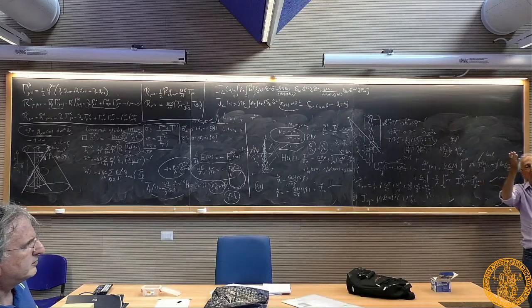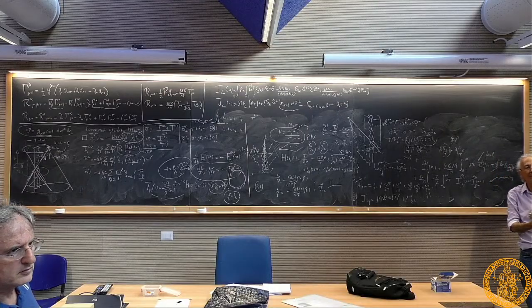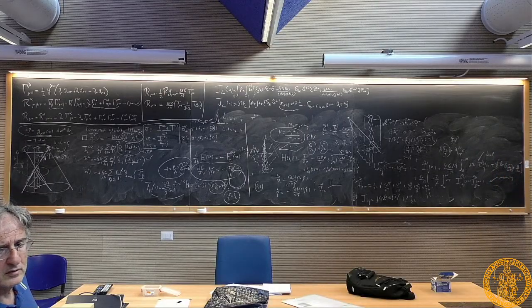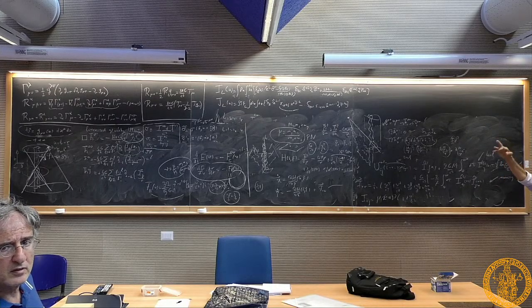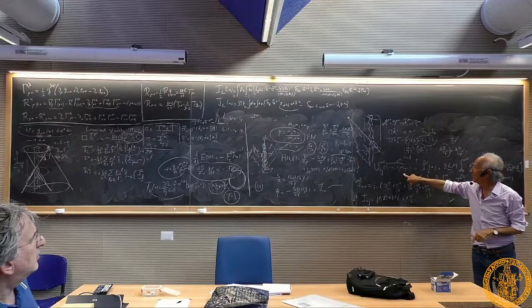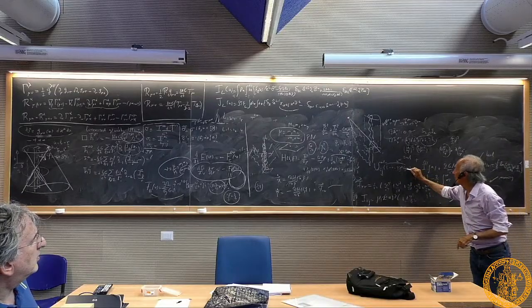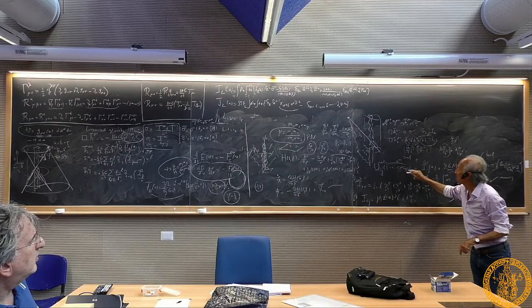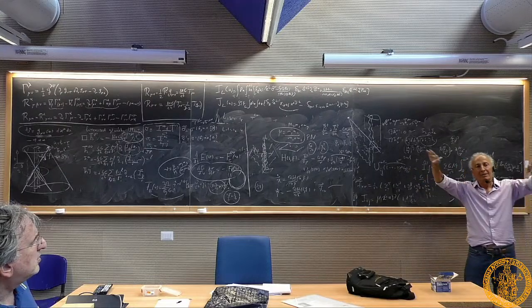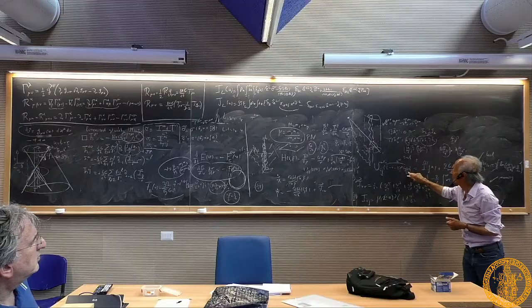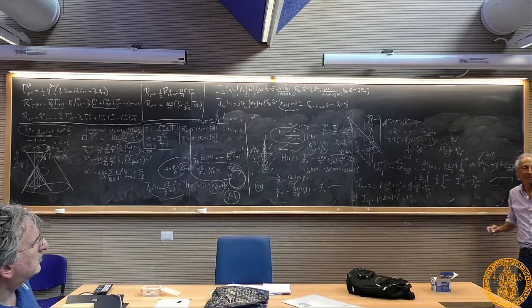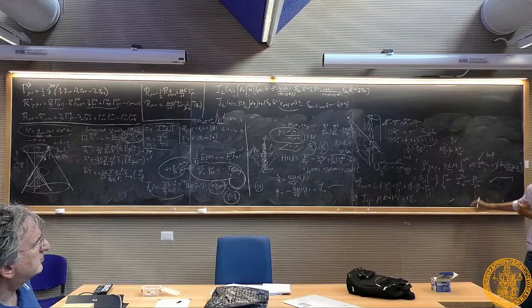So there is an ambiguity of a scale, but this ambiguity has no physical impact. There is another logarithm, which, because it is a log of r, also needs a scale here. And the scale I put here cancels the scale which is there. So in that sense, there is really a logarithm in the tail.